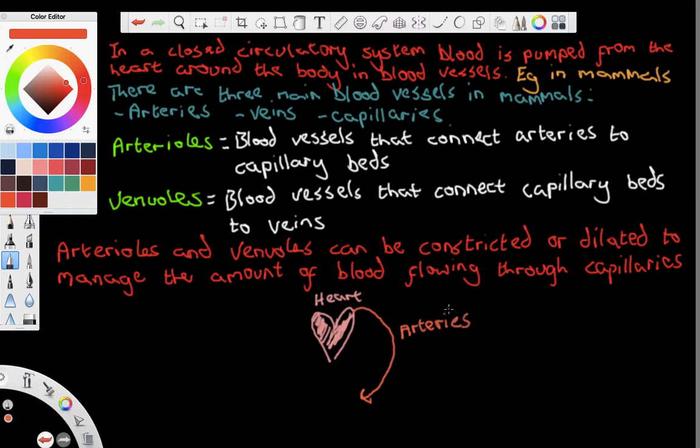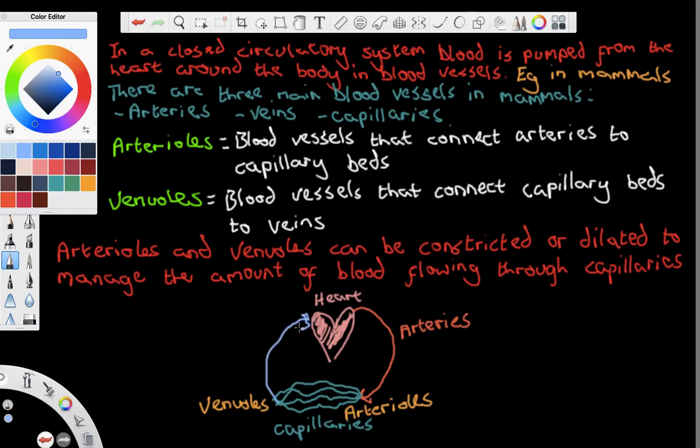Arteries then connect to arterioles, which connect the arteries to capillary beds. So a capillary bed is where one artery will feed into millions and millions and millions of capillaries, which we will talk about later. So we've got our capillaries. We're then connecting to venules, which then connect to the veins, which take blood back to the heart.